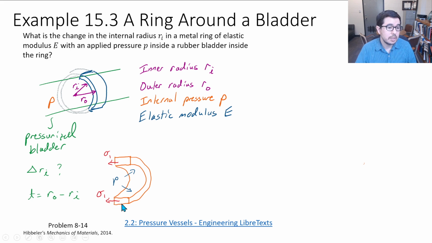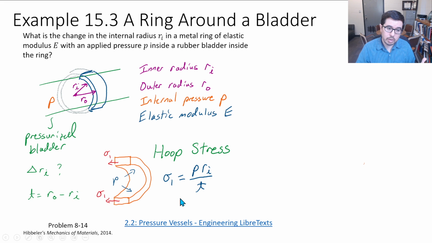We have sigma 1 as our hoop stress, and we can write that it's going to be P R_i over t. Something that I probably didn't emphasize too much is that we typically think of using the internal radii when we're looking at these calculations of hoop stress or longitudinal stress.